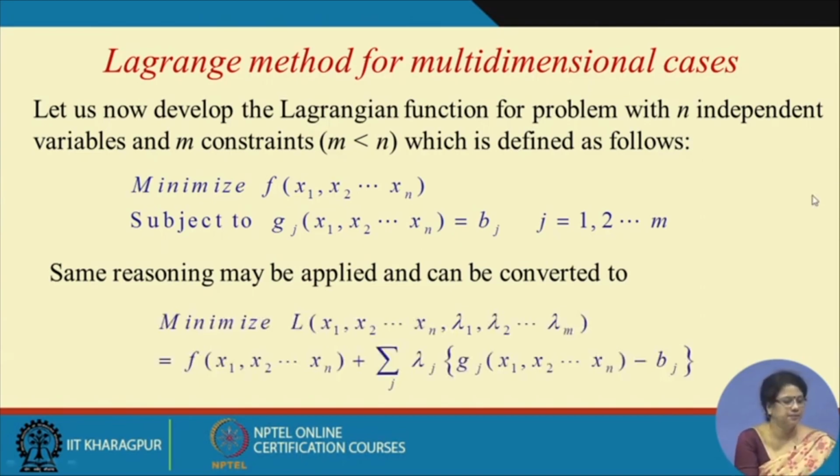You see what I have written in this slide: for the given n-dimensional problem, we can construct one Lagrange function. The function will have m plus n variables, where n variables are the decision variables and m are the Lagrange multipliers. As many constraints as there are, we introduce that many Lagrange multipliers in the problem.